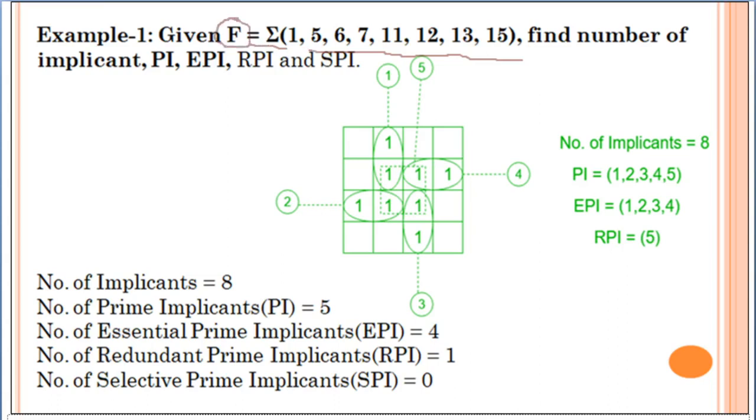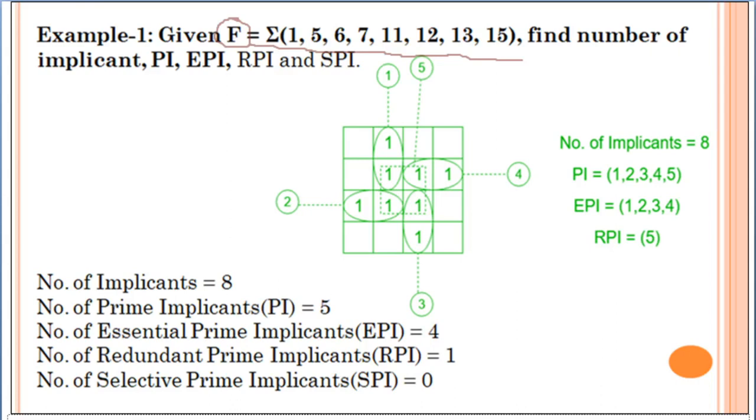For these main terms, this function will be high, and in that particular example we have to find the number of implicants, prime implicants, essential prime implicants, redundant prime implicants, and the fourth one is selective prime implicants. I will discuss this selective prime implicant in that particular example.